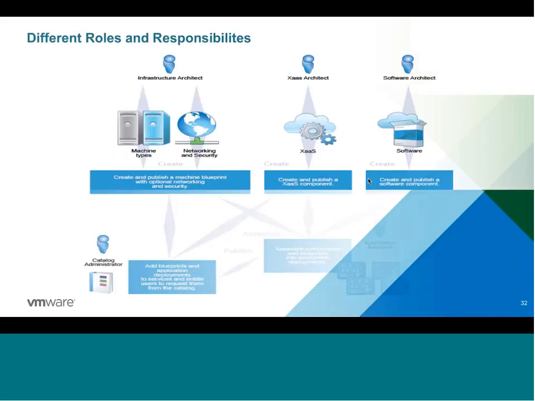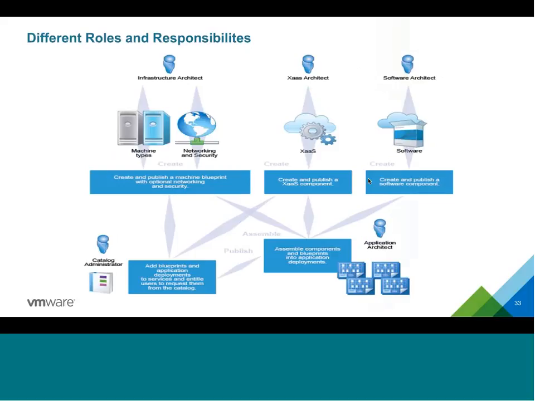There are a lot of roles and responsibilities in the vRA environment once everything is deployed. Typically you have infrastructure architect, app architect, software architect, application architect, and catalog administrator. The infrastructure architect typically creates and publishes machine blueprints and networking and security components.